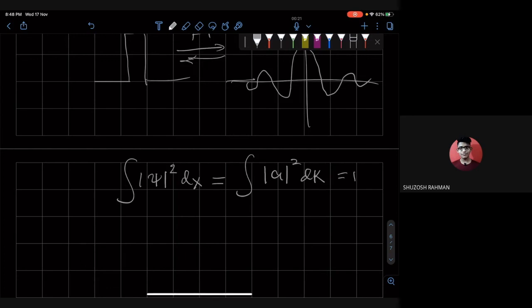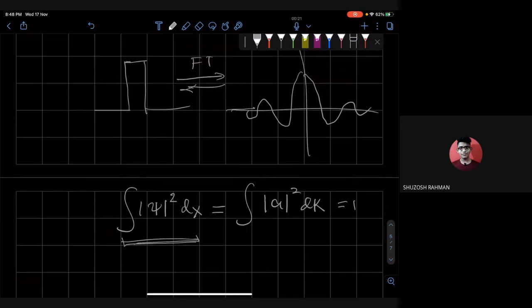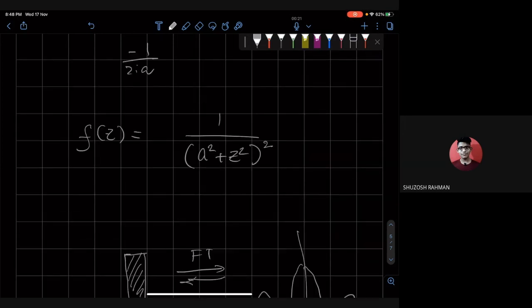You can do this integral very easily because it's just a top hat function. It's a trivial integral to do, but when you do the other integral, you will find that it's not such a simple integral to do. The best way to do this sort of integral is to use the technique of complex analysis.